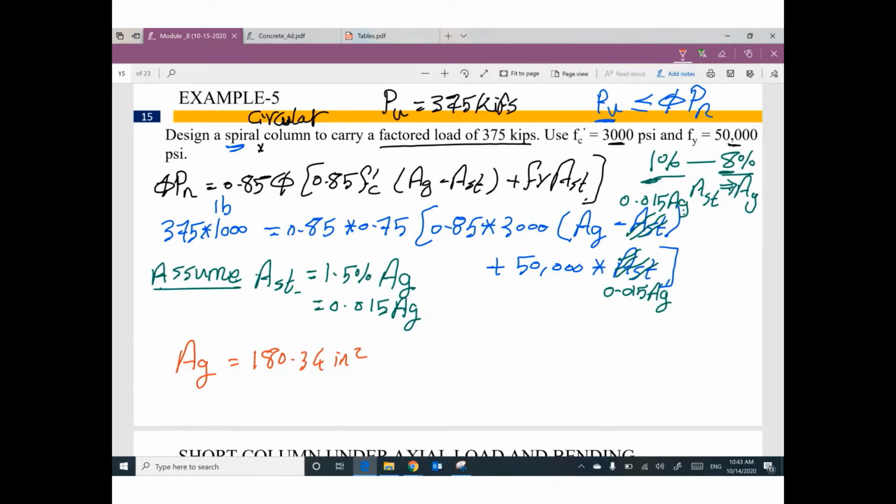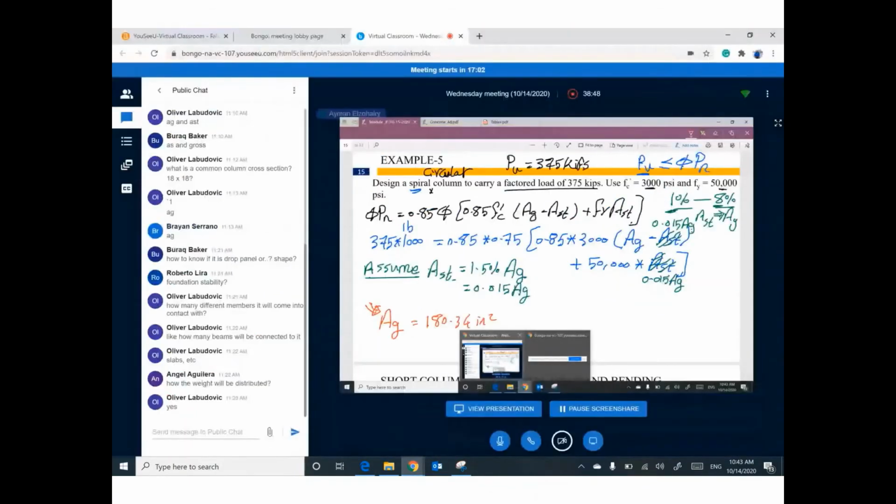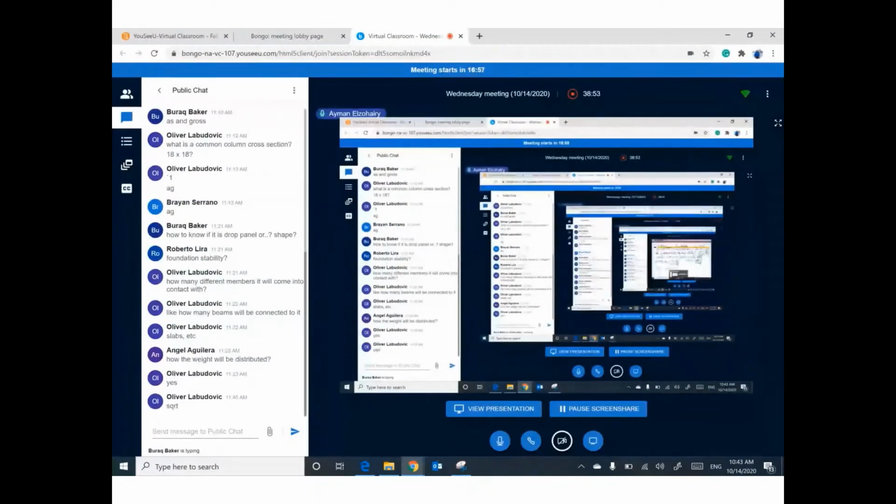I'm going to ask, what should I do with this area gross? Any answer? What should I do? Convert it to what? No, this is the issue. Not square.